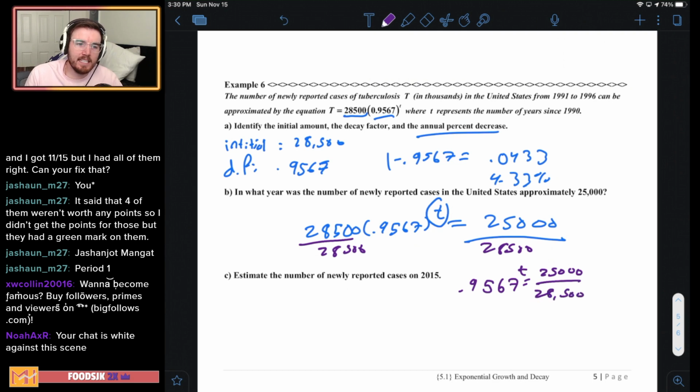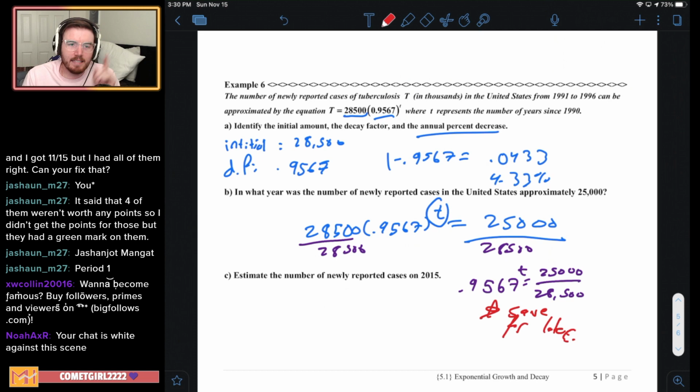How do I get the t out of the exponent? It's kind of weird, right? I can't just divide this away. This is not multiplication. That's an exponent. Do I take like the... We're on a bit of a hang up there. We're going to save this for later, all right?